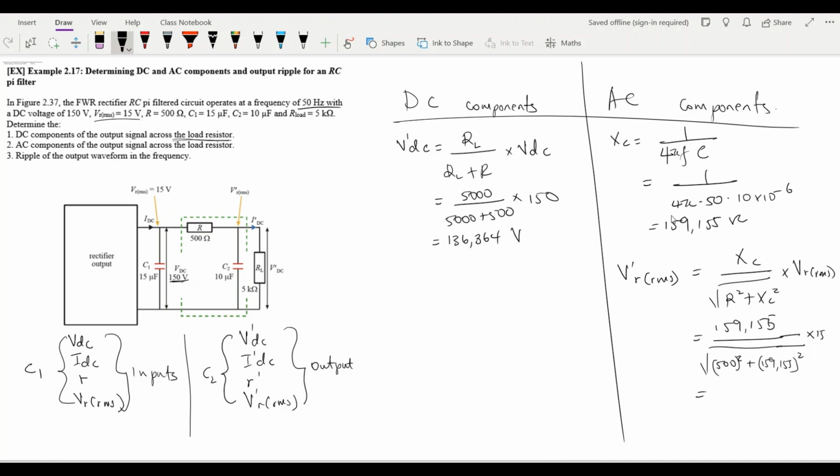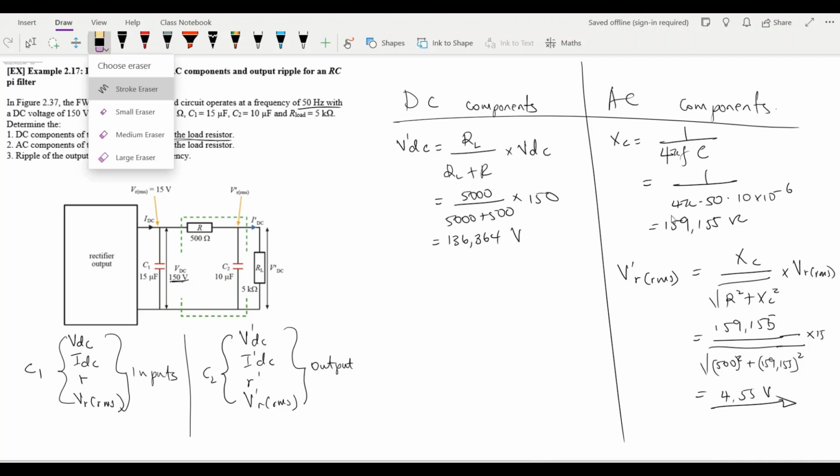This will give us 4.55 volts. That is the AC component of the load on the output side.